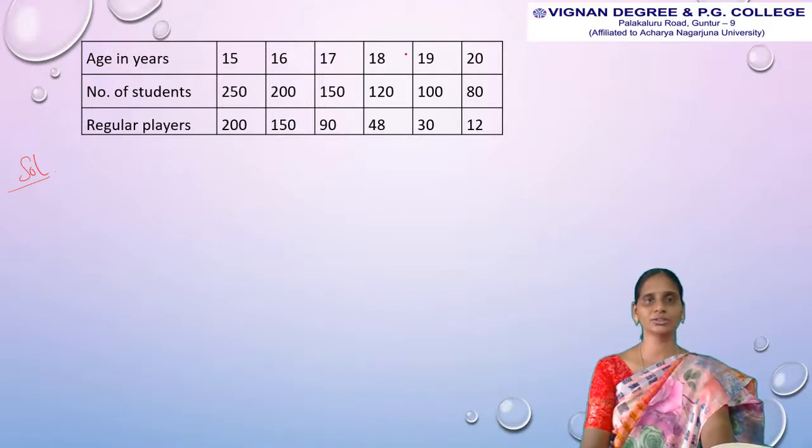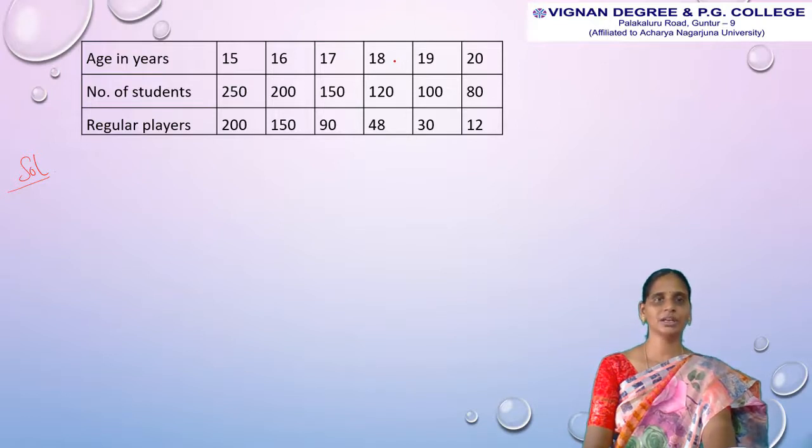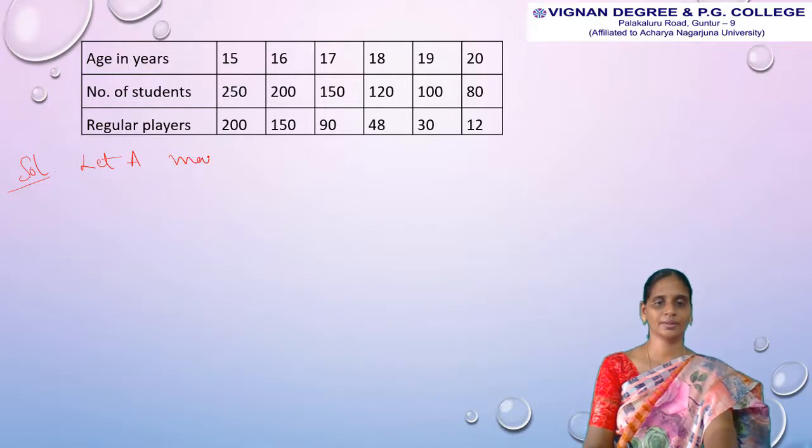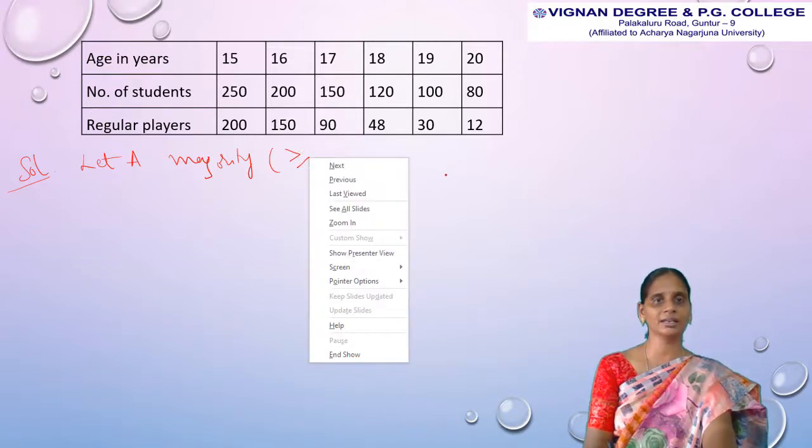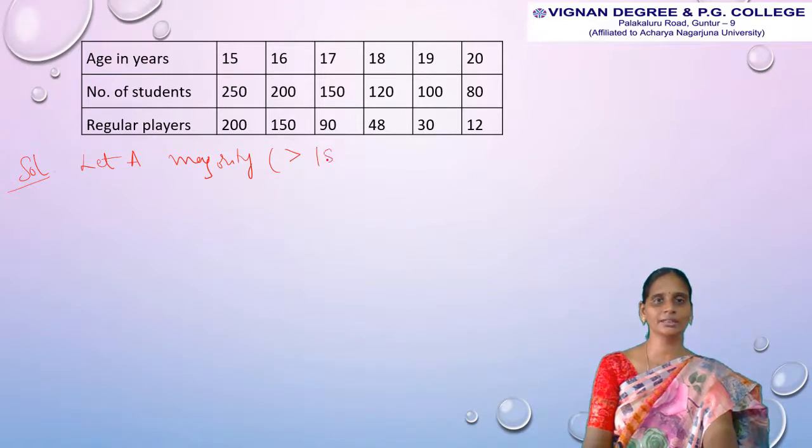Attribute A is denoted majority, so that is attaining at the age 18, that is greater than or equal to the 18th year.